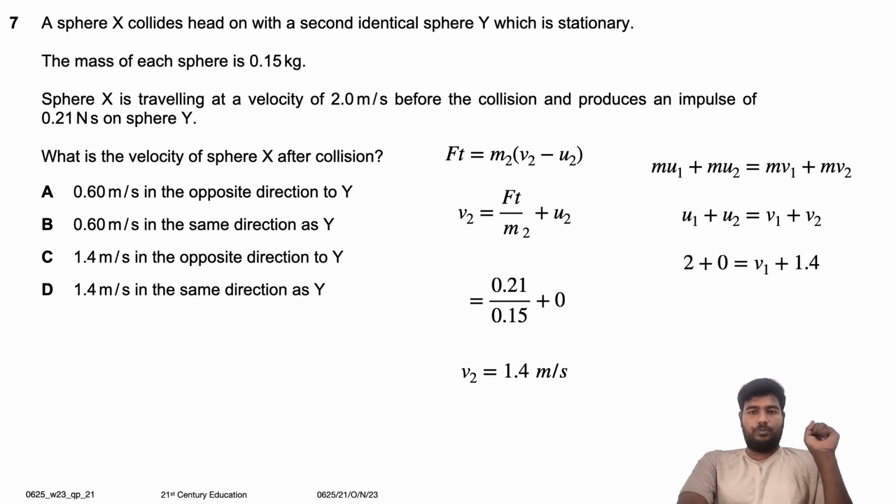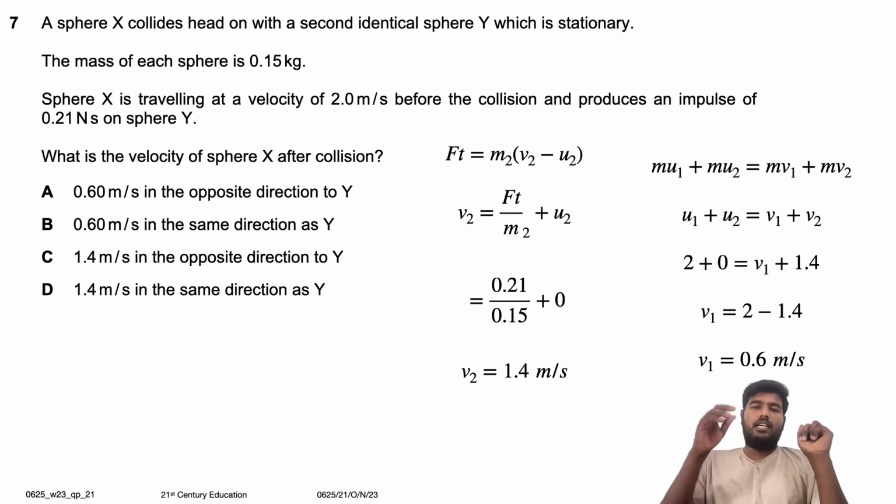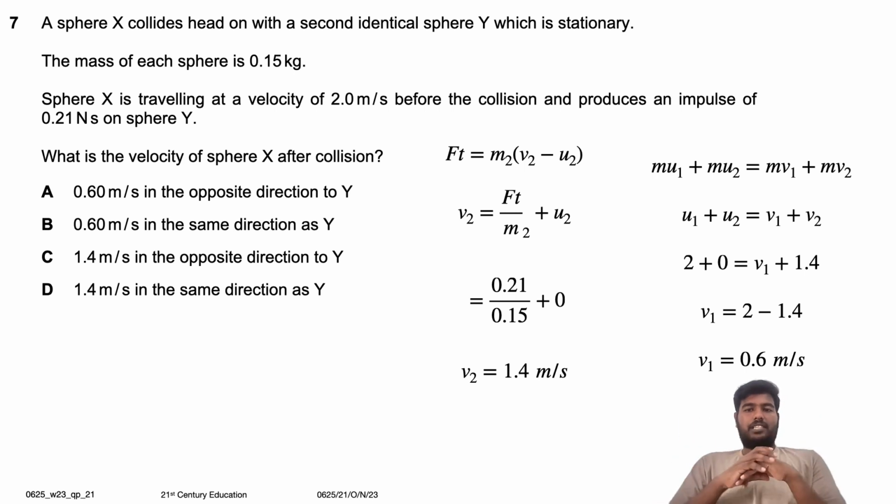So v1 is 2 minus 1.4, which is 0.6. We found the magnitude and its sign, it's plus 0.6 meters per second, which tells us it's in the same direction as Y travels afterwards. So it's 0.60 meters per second in the same direction as Y. So option B.